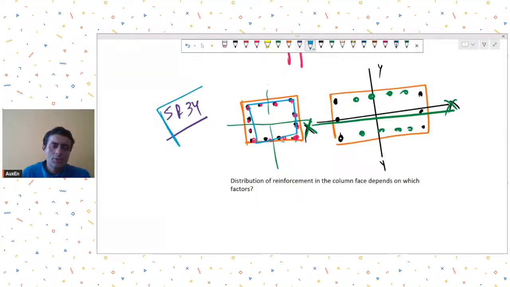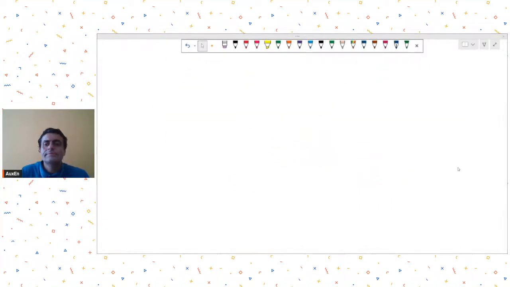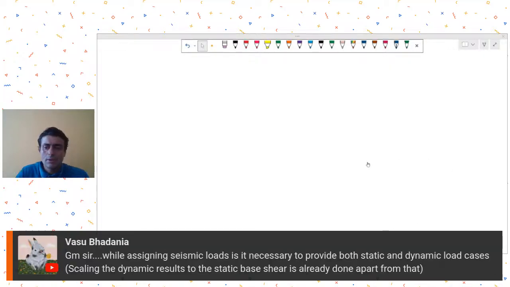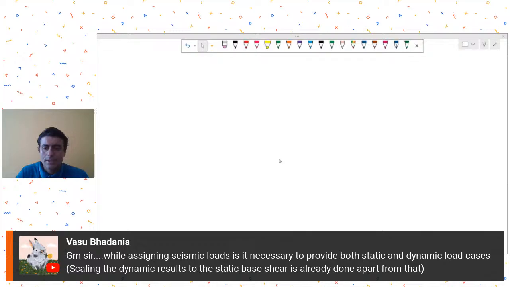So my suggestion would be to go through the SP34 guidelines on providing links, where those additional criteria are given, and from there you will also understand the spacing or distribution of longitudinal reinforcement. If you don't understand the SP34 things, we could discuss it again in the next session. So these were the comments on the Google form.